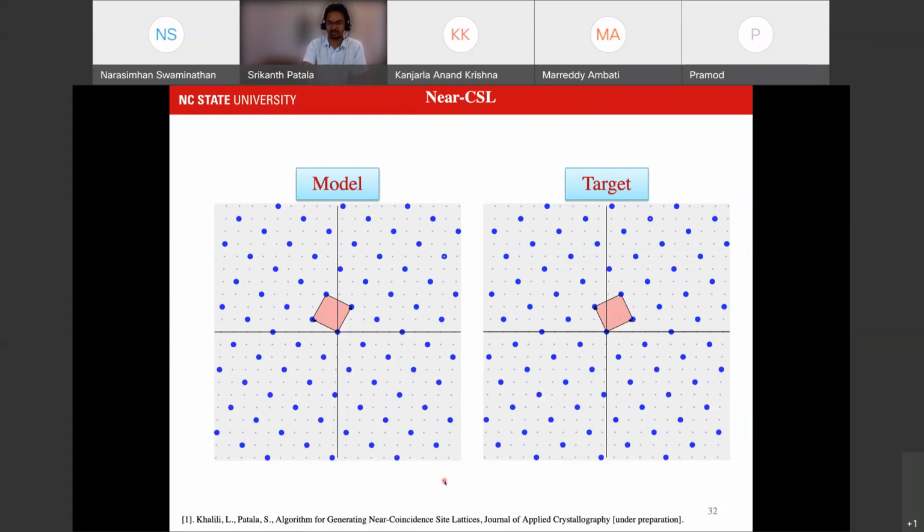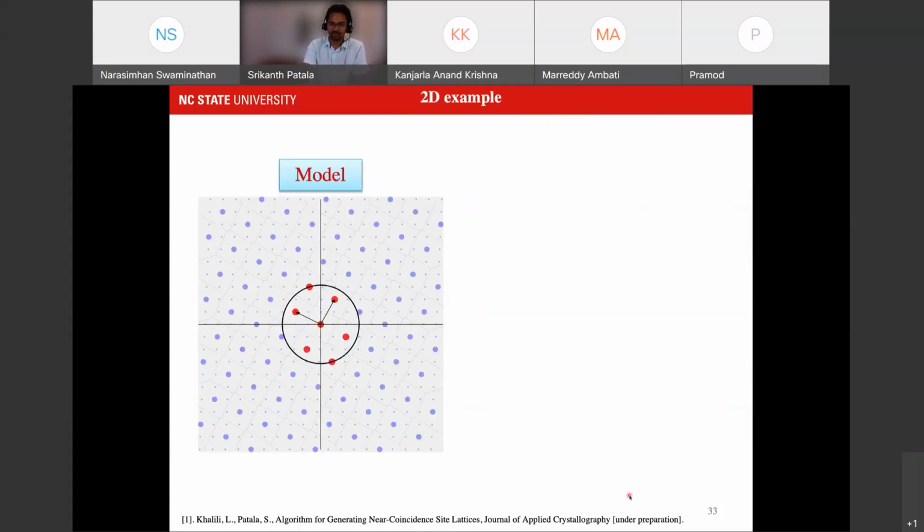This is what happens in low symmetry crystal systems. So again, here shown are examples of sigma equal to 5 type coincidence, but I've distorted this square lattice by a small amount to show that if we were to do a general comparison, I would not identify a rotation that can map one lattice to the other.